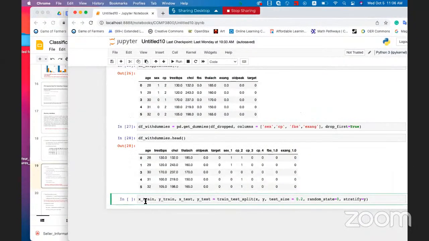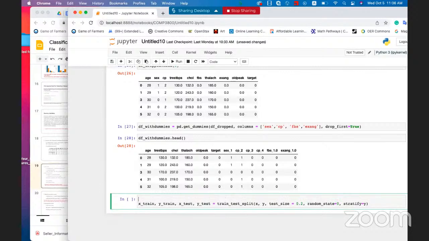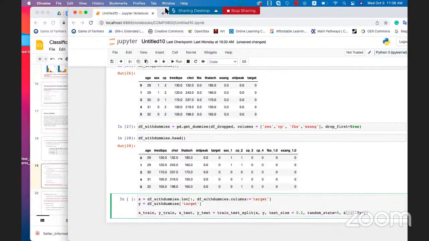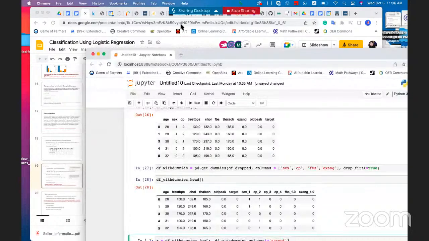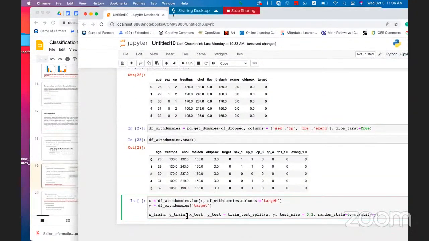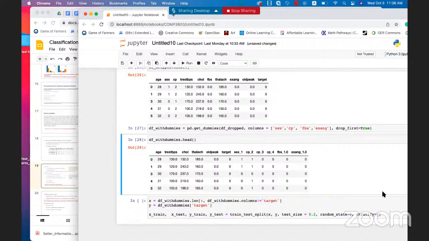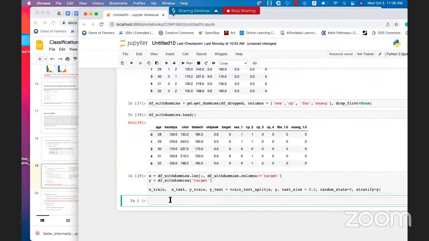That is splitting the data. And then after each step, you check whether your result is correct.